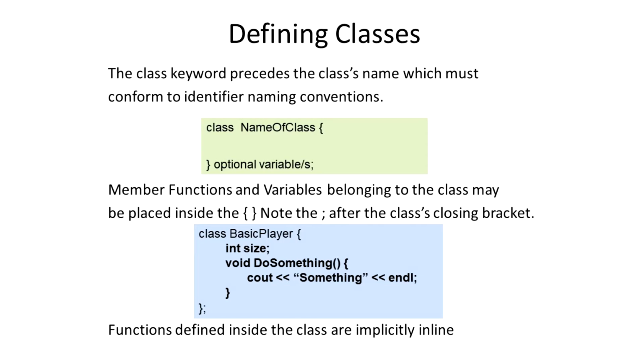All right, and then underneath that, we have the closing brace of the class. And note here that there's actually a semicolon that needs to be included. And this is unique to C++. You won't find this in C# or Java. They don't have semicolons at the end of class declarations. But in C++, we do have a semicolon.